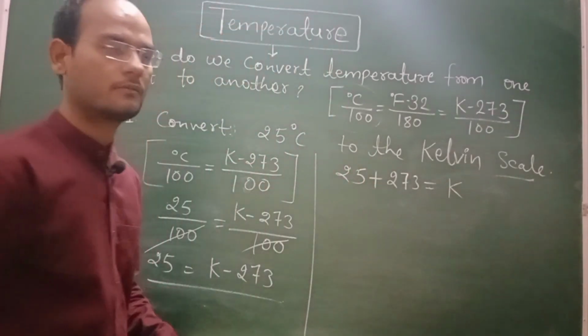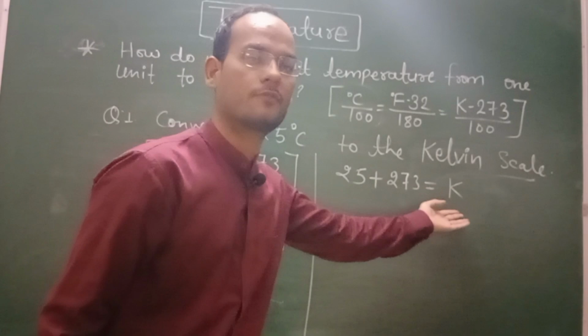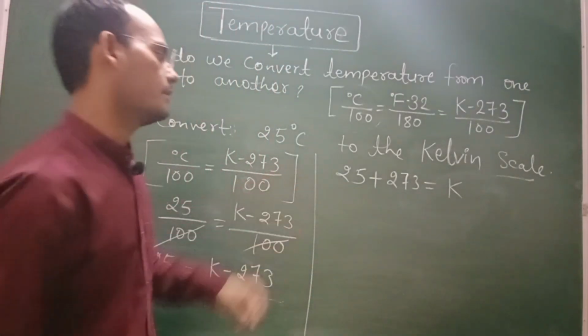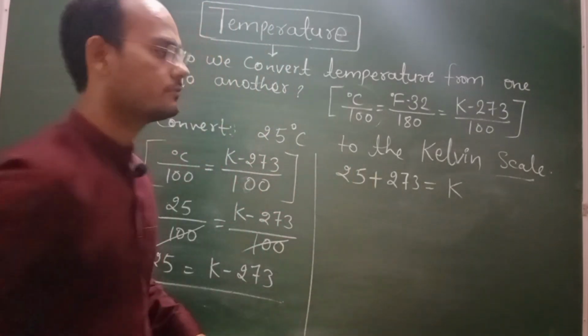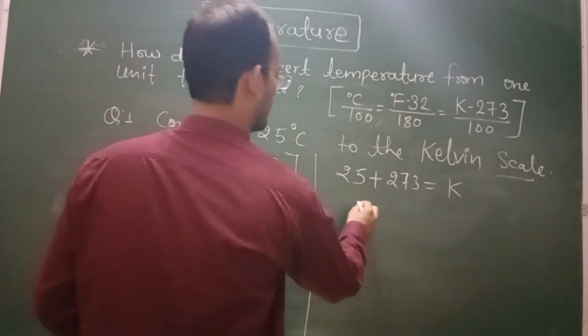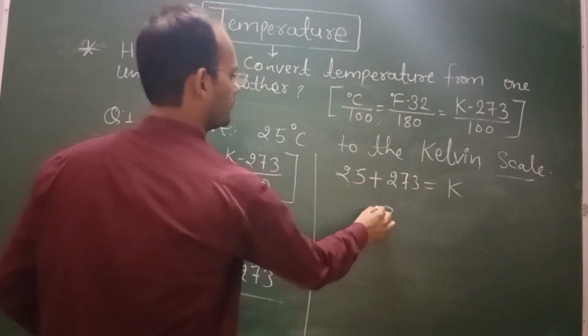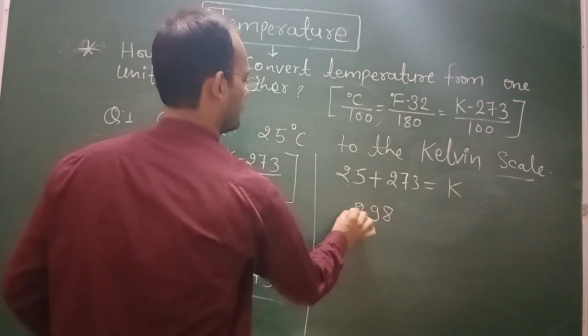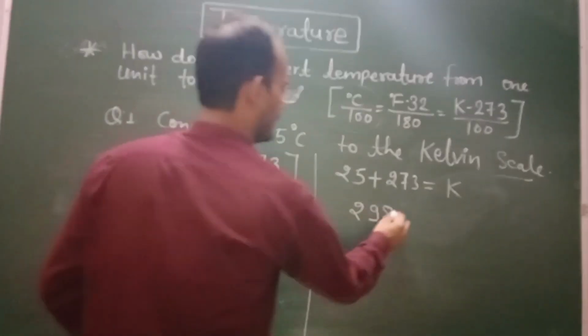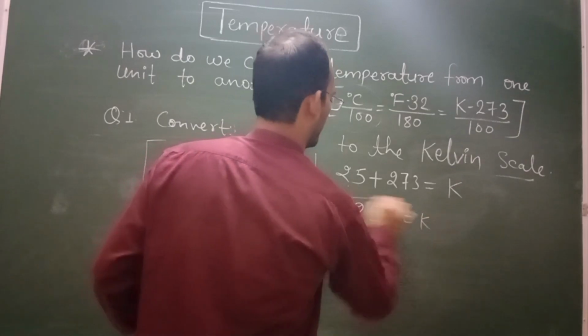This is the Kelvin, and this Kelvin we have to find out. Okay, add these values. What will be the answer? 5 and 3 is 8, 7 and 2 is 9, and 2. 298 will be the answer.